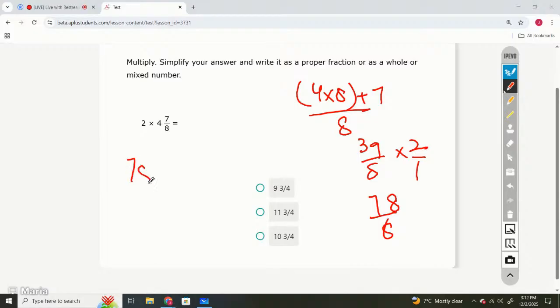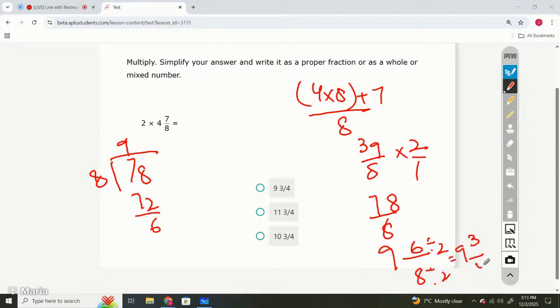So 78 divided by 8. 8 times 9 is 72. We have 6 here. So that is 9 whole 6 over 8, divided by the greatest common factor. So that is 9 whole 3 by 4. 9 whole 3 by 4 it is.